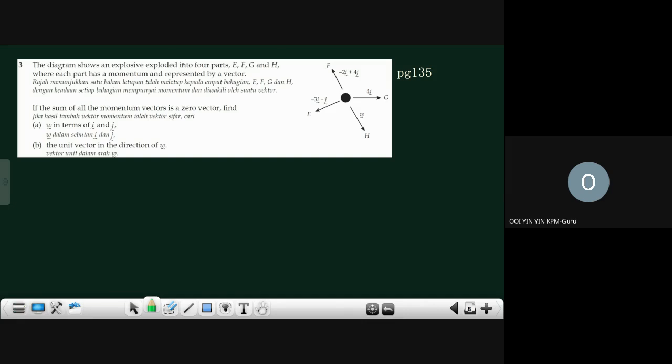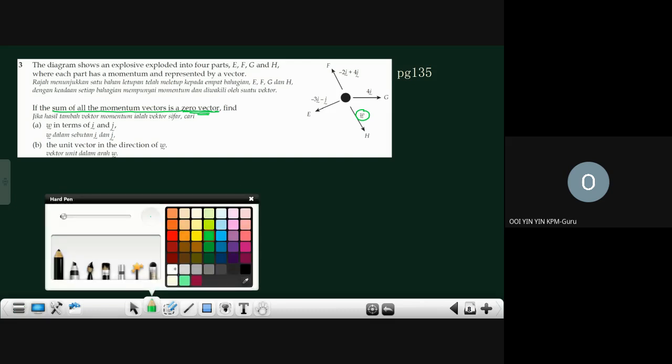Each part has a momentum represented by a vector. If the sum of all the momentum vectors is a zero vector, find lambda in terms of i and j.